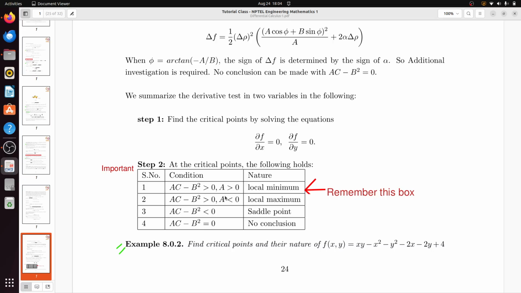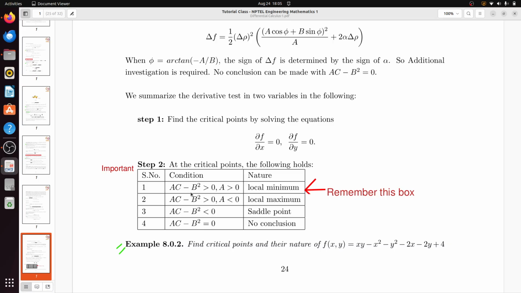In physical problems, we mostly deal with cases where the mixed derivatives f x y and f y x are equal to each other, so there is no problem in that context. If your AC minus B square is greater than 0 as well as A greater than 0, then that critical point will be a local minimum.